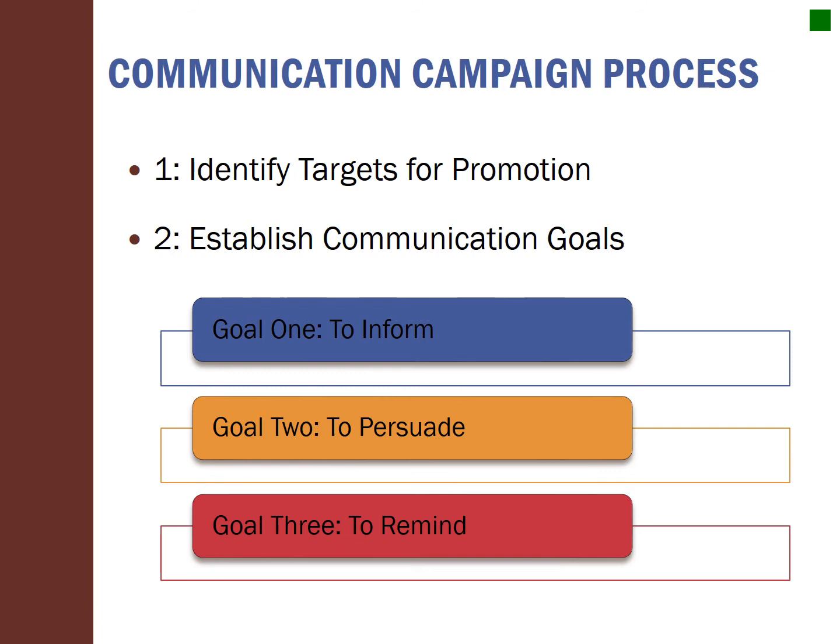One would be awareness and attention, or the goal to inform. One would be to focus on the decision-making process and evaluation, where people evaluate different options in front of them, and we want to persuade them at that point to choose ours.